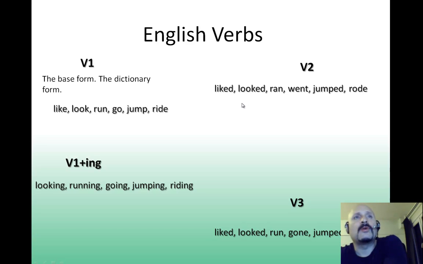Verb 2 is the simple past form, and like becomes liked. Then we have looked, ran, went, jumped, rode. Verb 1 plus ing, generally we call it the continuous, and it's very easy to make.